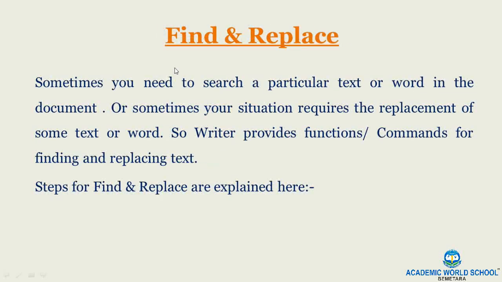So how would you change it? If it is used, suppose, 100 times in your document, changing it 100 times will take a lot of time. So with the help of this find and replace feature of the word processor, you can rectify it without any problem. So how can you do that?